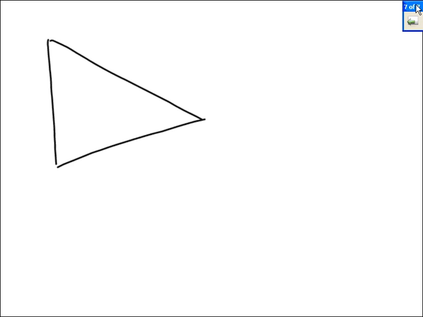Let's try one more. Have this triangle right here.